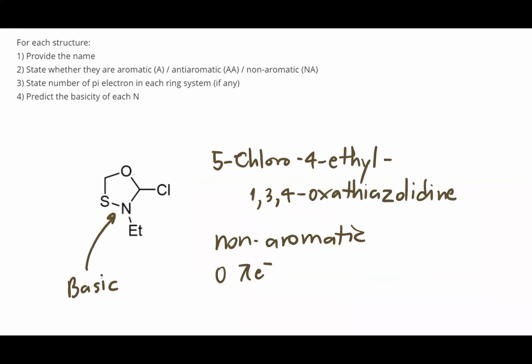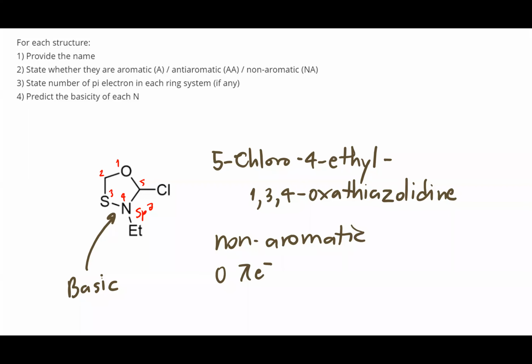For the next compound, in this case, the nitrogen is fully basic because it is in an sp3 orbital, right? So this is more like a simple amine. And the way you name this compound is 5-chloro. So it's 1, 2, 3, 4, 5, because oxygen is the most important one.